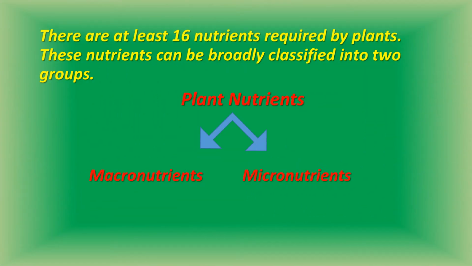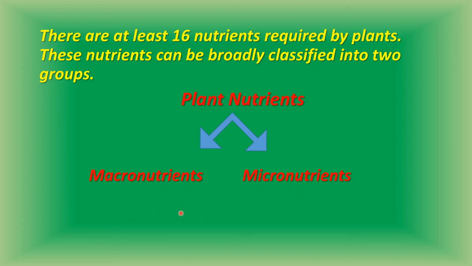As we studied, the nutrients are required for the plants. So these nutrients are called plant nutrients. Actually, there are at least 16 nutrients which are required by the plants, and these 16 nutrients are classified into two groups.